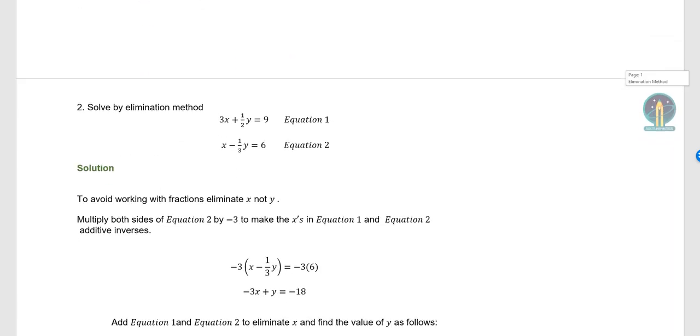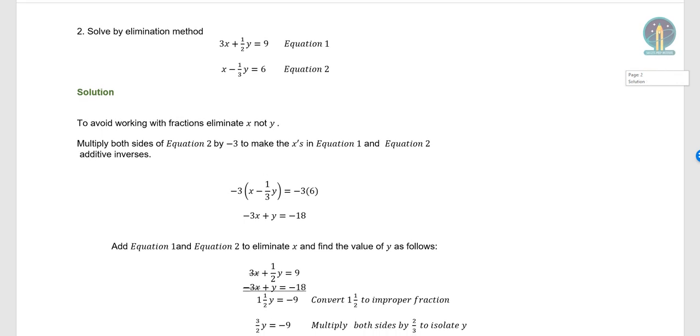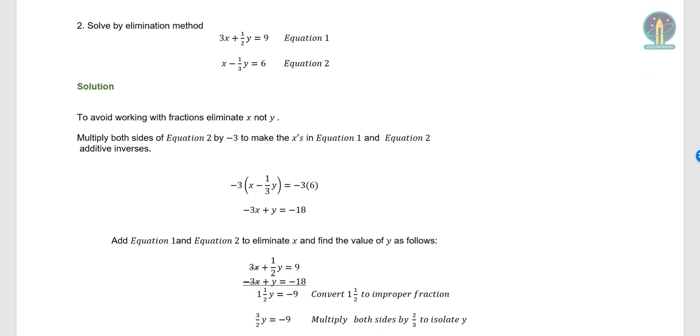Okay, let's look at another example. 3x plus 1/2 y equals 9, x minus 1/3 y equals 6. In this case, if we attempted to eliminate the y's, we would be working with fractions, and it would not be as straightforward as working with whole numbers.